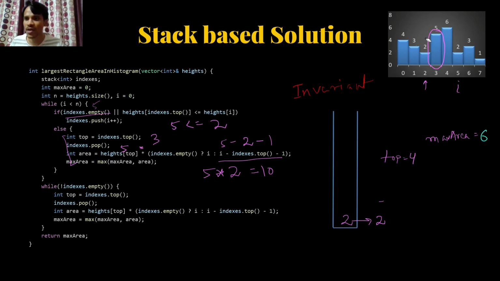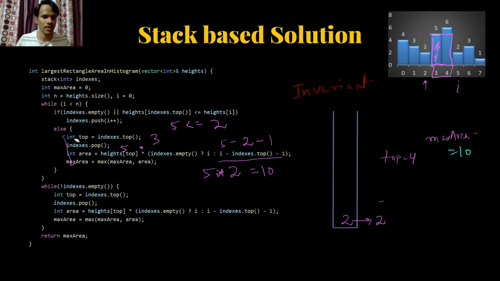So basically we have found the area considering this element as the smallest bar. We are finding the area from here to here. So the max area gets updated. Max area is equal to 10.